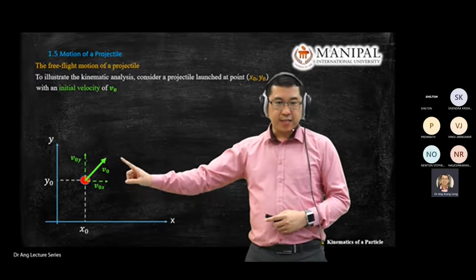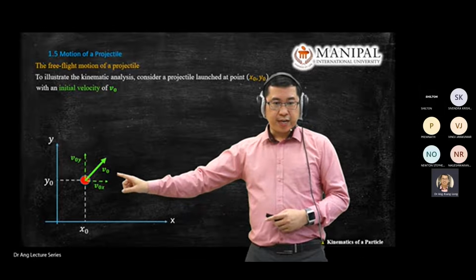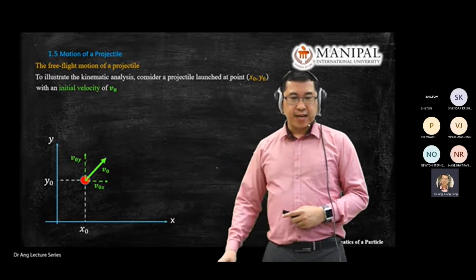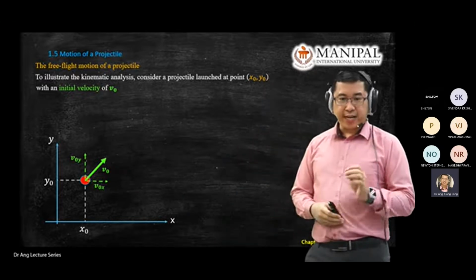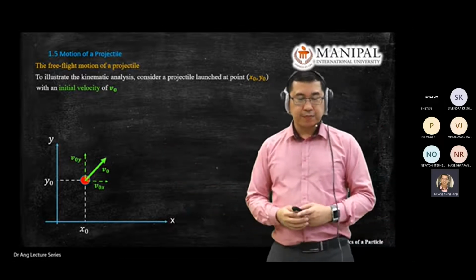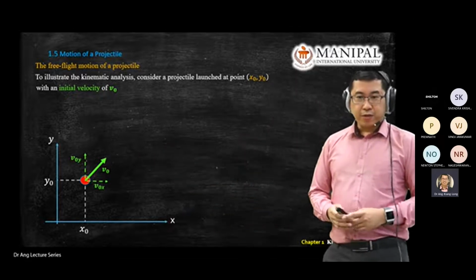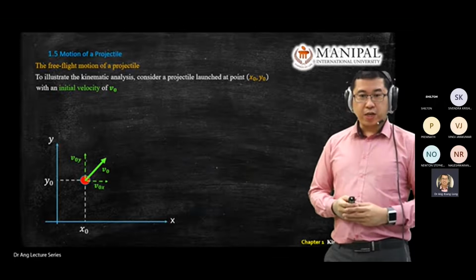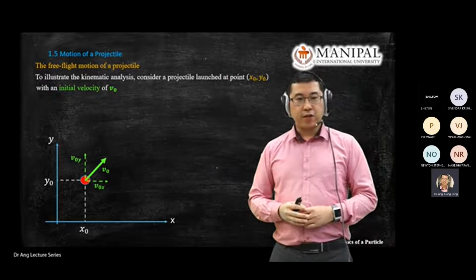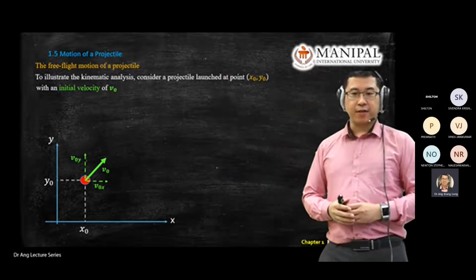Tangent equals opposite over adjacent side, and using tangent, you're able to find the angle of the direction of the vector. So this is all the fundamental concept that you learn in mathematics and also in your statics module.